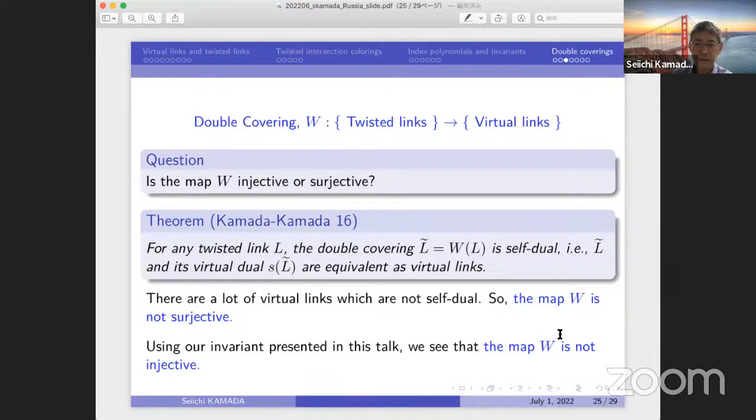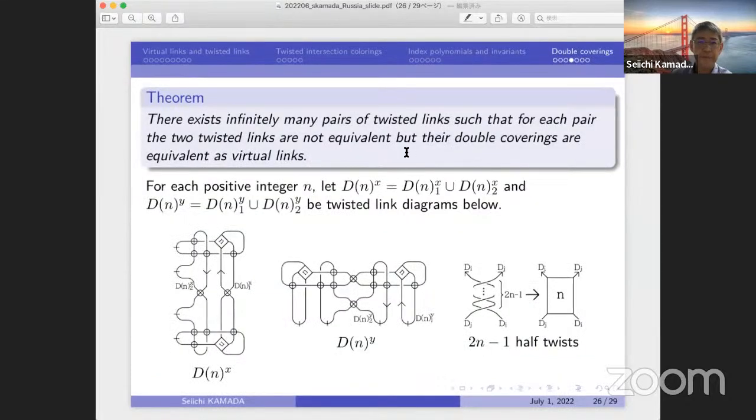And the difficult part is injectivity. Using our invariant presented in this talk, we see that the map W is not injective. Actually, we have this theorem. There are infinitely many pairs of twisted links, such that for each pair, the two twisted links are not equivalent, but their double coverings are equivalent.